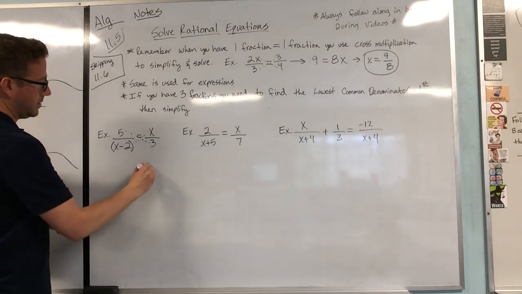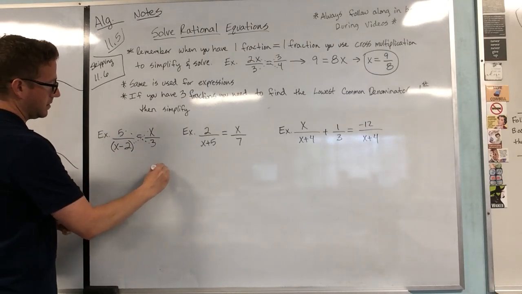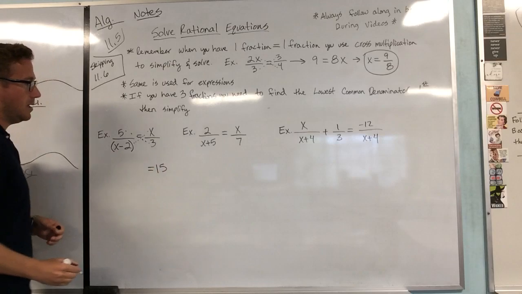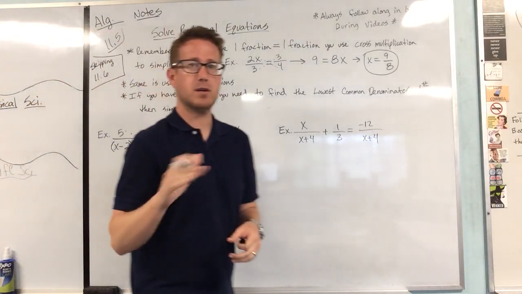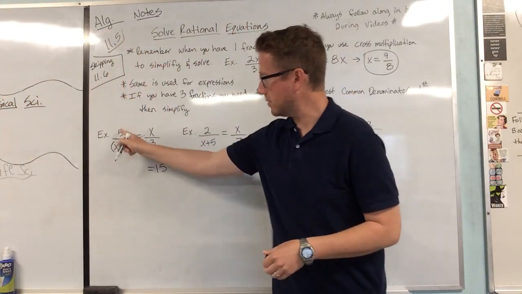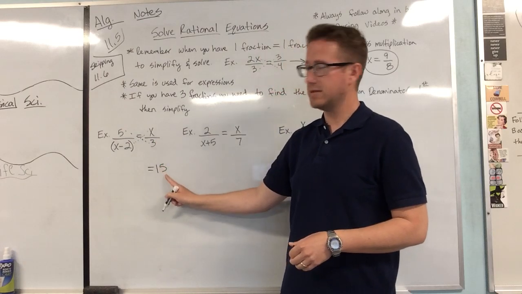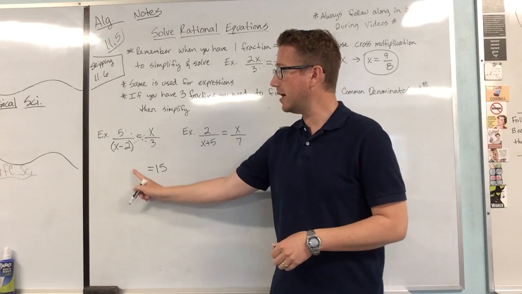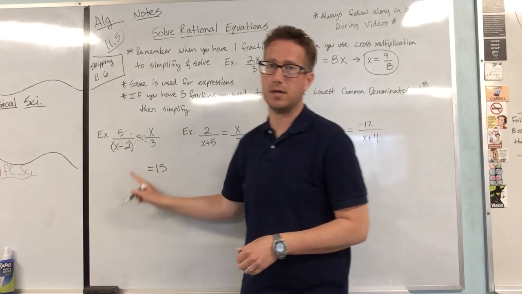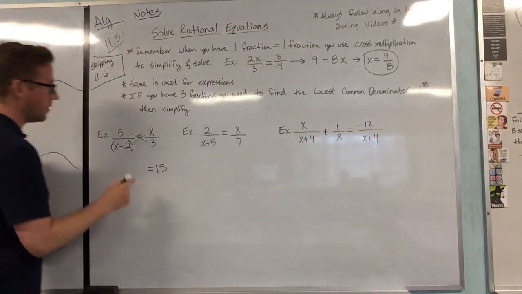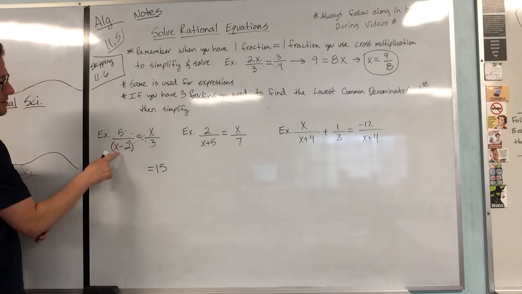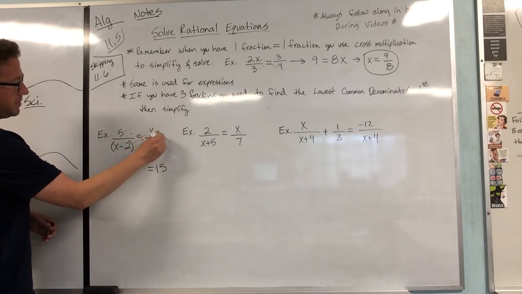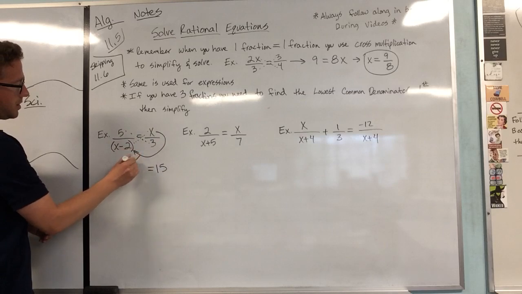Now, this part's the easy part. 5 and 3, that's going to give us 15, all right? Equal sign. Now, don't forget, one of the crosses right here will go on one side of the equal sign, the other cross that we have will go on the other side of the equal sign. Okay? Now, what about this? We have an x needing to be distributed into an expression.